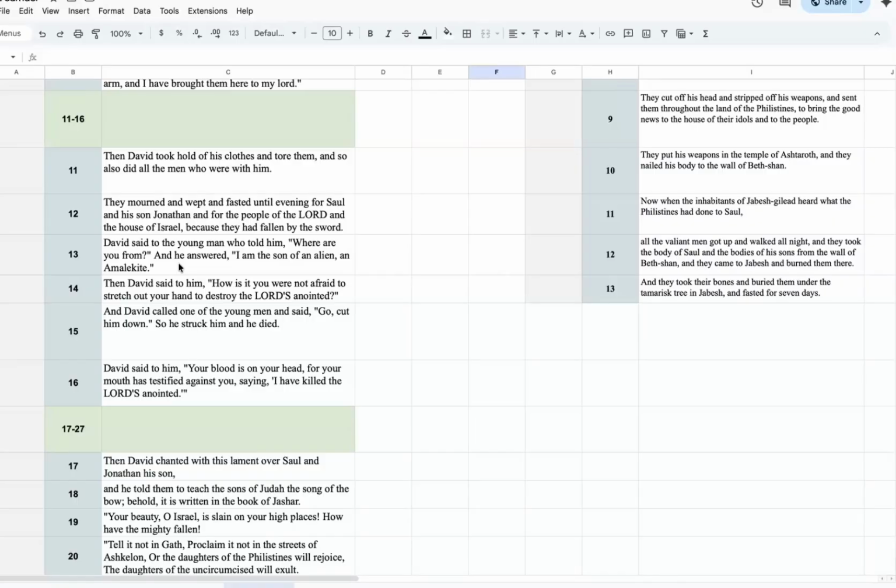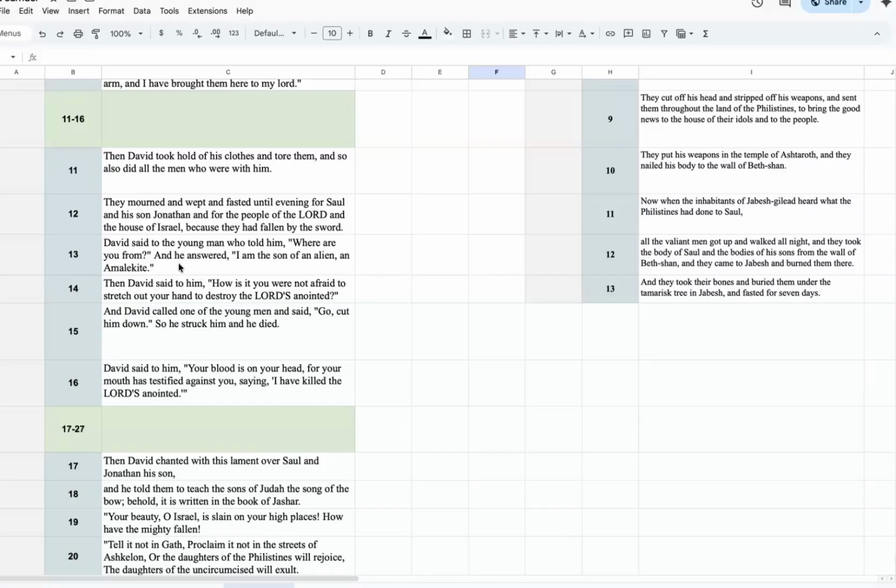Yes, he put his hand against the anointed and he lied. It's probably a little of both. Yeah, it's like, ooh, this is bad. So he killed him because he's like, your mouth has testified against you. Why were you not afraid to touch the Lord's anointed? And then the how: he had one of the men cut him down.